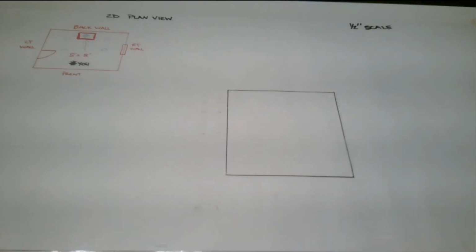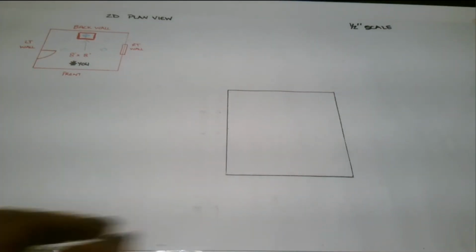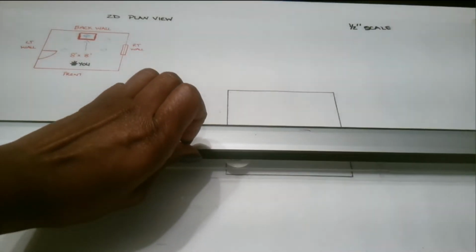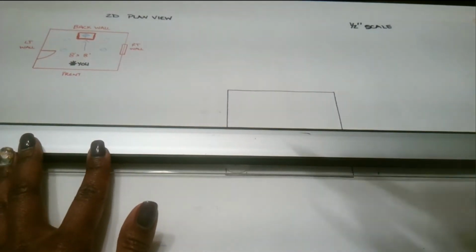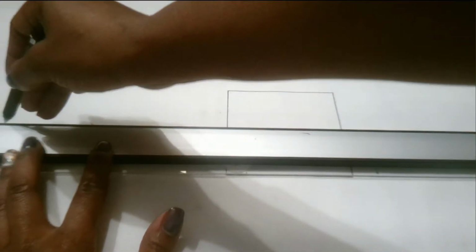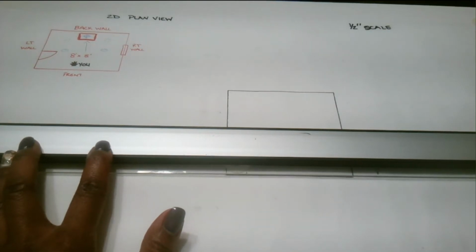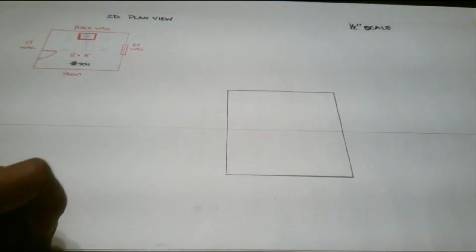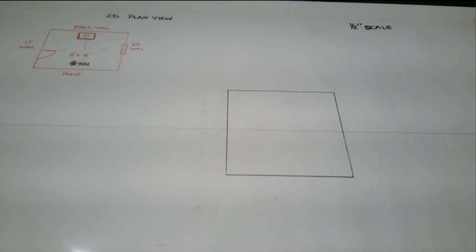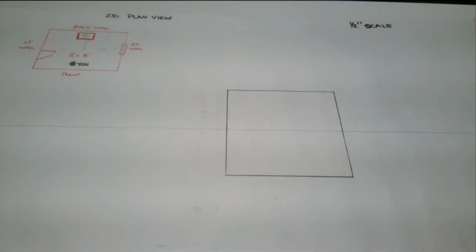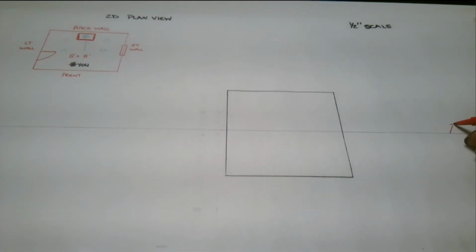So 4 feet is where I measured using my 1/2 inch scale. And now I'm going to draw just a really long line through the center of my back wall. Again, this line is called your horizon line.